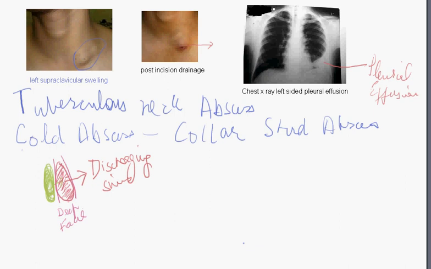The pus was about 80 to 100 cc, which was ultimately drained.